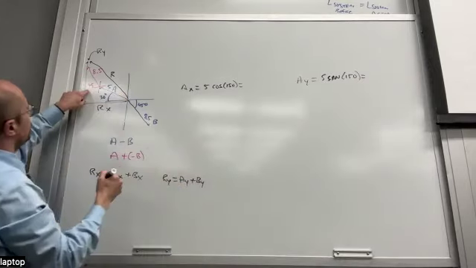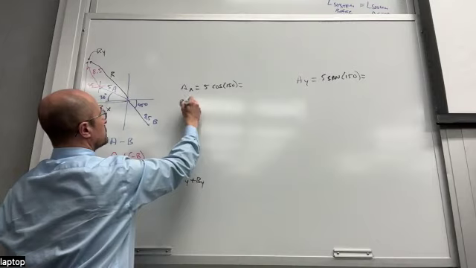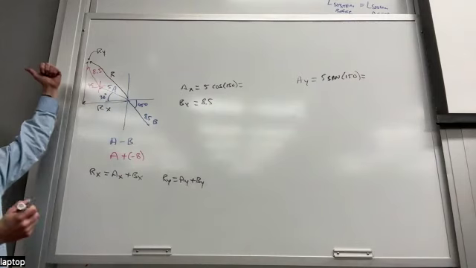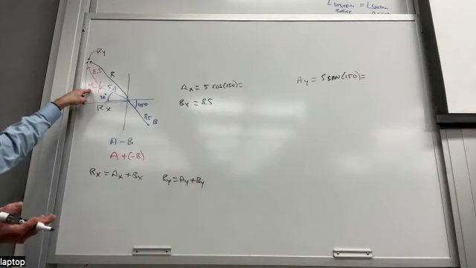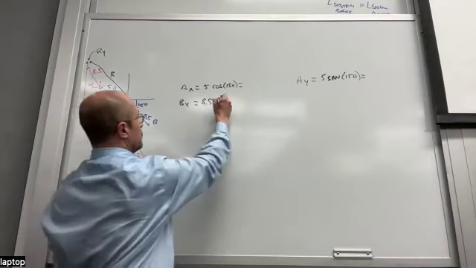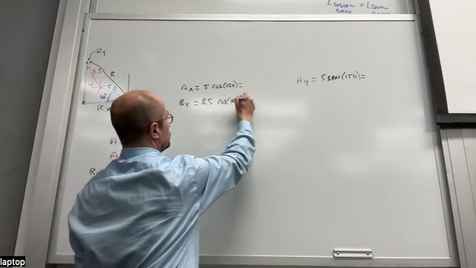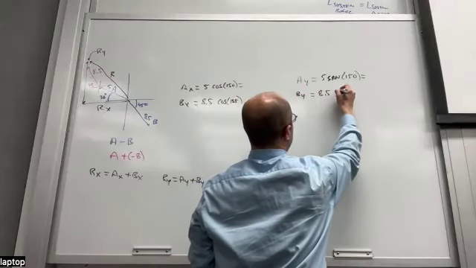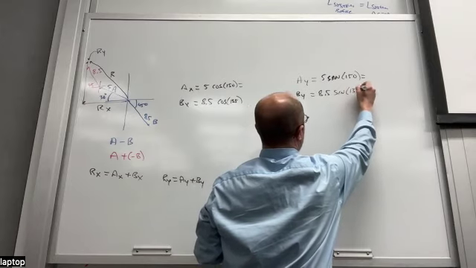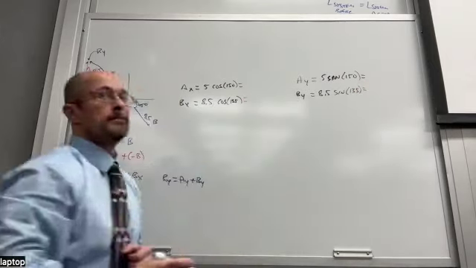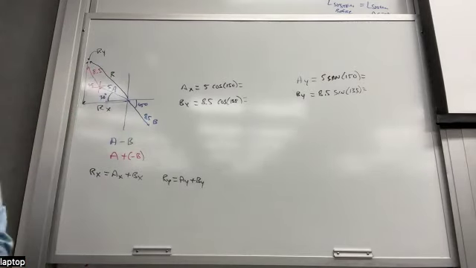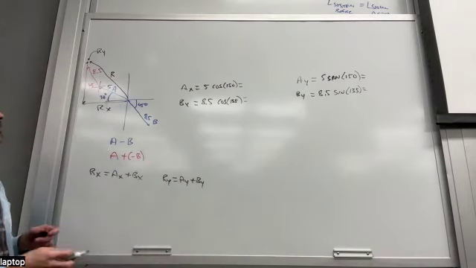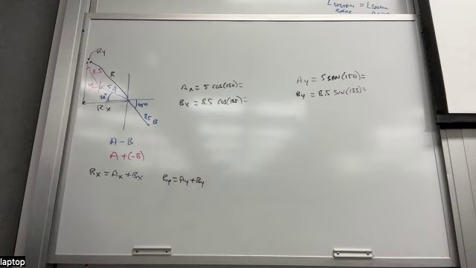Then for BX, this is 8.5, and because BX is pointing to the left, we have to make sure we take 135 for the angle to get the sign right. And then BY, again, is 8.5 sine 135. Then we need those numbers so we can find our Rx and our Ry.